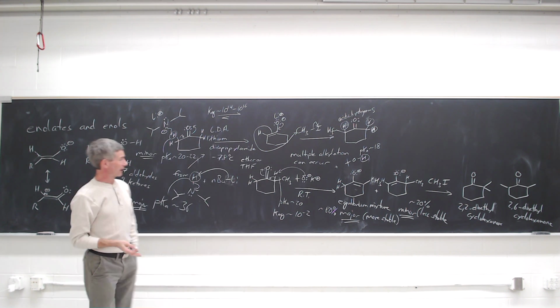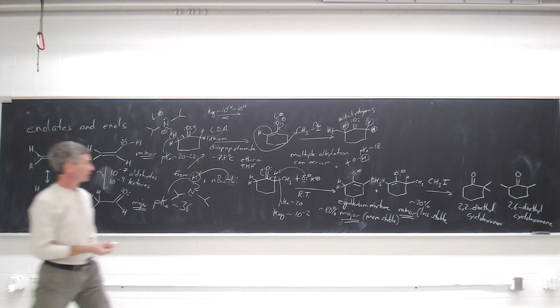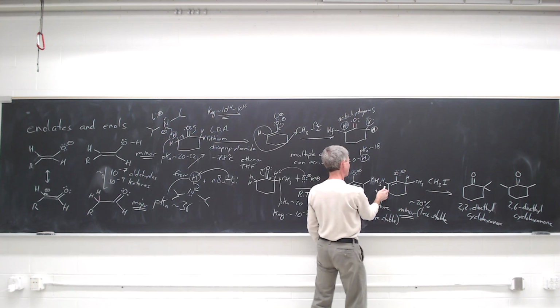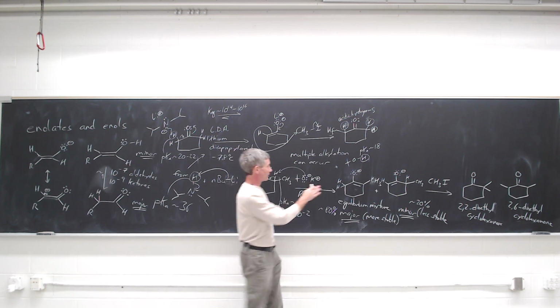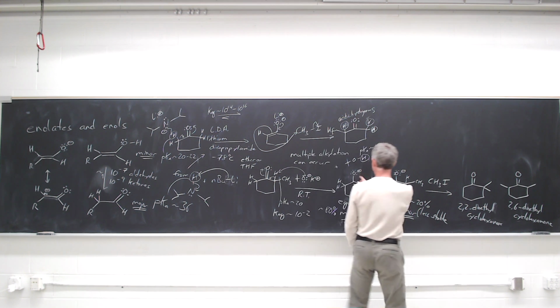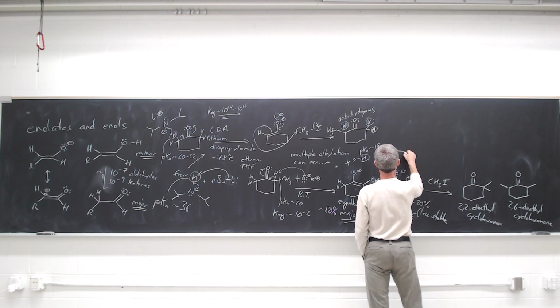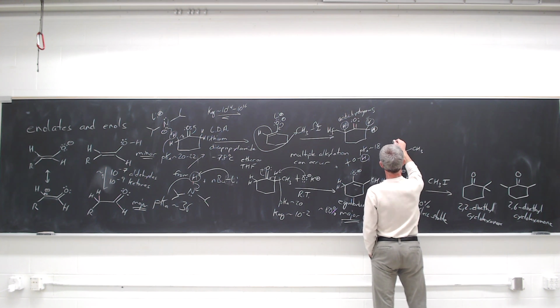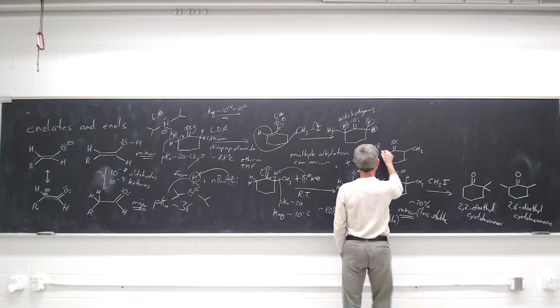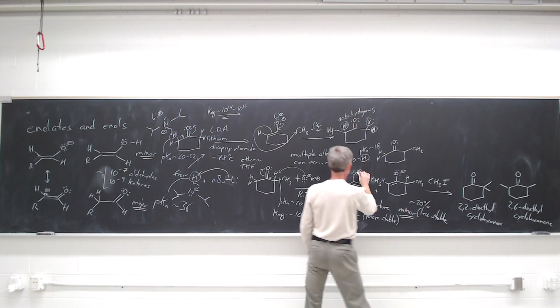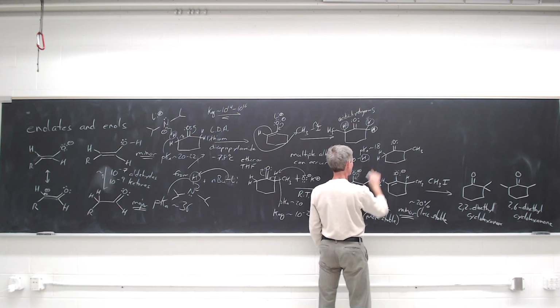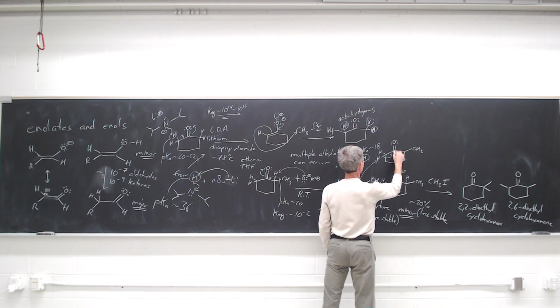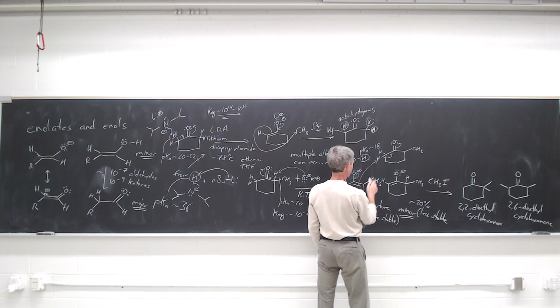And that is what allows equilibration to occur, because the enolate ion itself is a strong enough base. So if we form this enolate ion, it can react potentially with itself, its starting material here, and form the other enolate.